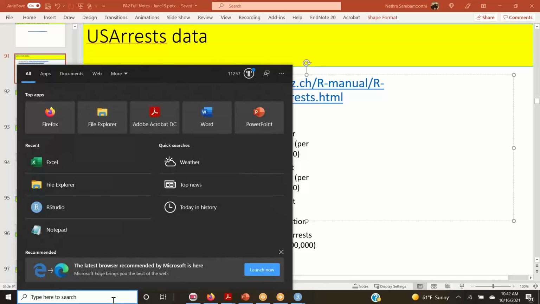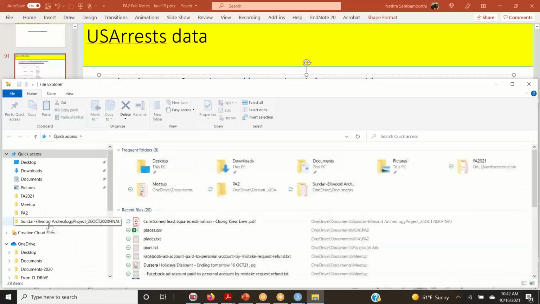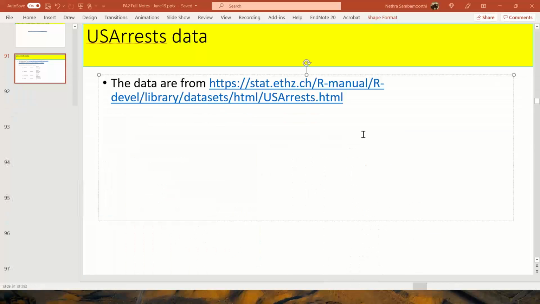We'll come back and let's see. So we're going back to PA2.